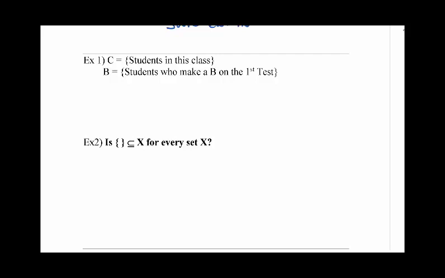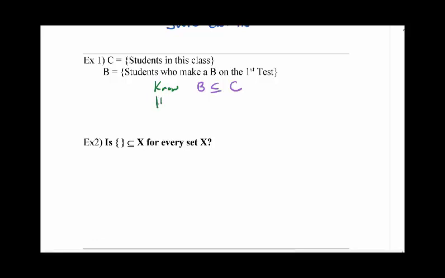So C is my students in this class. B is the students who make a B on the first test. I absolutely know that the students who make a B on the first test has to be a subset of C, because to get a B on the test, you have to be in the class.